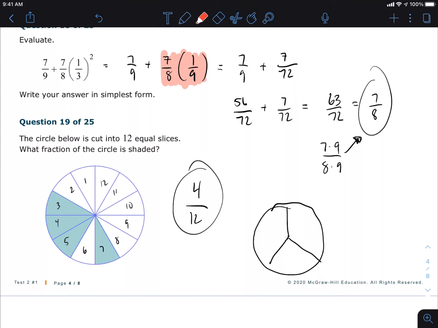And then it's the same area, but it doesn't represent the circle the same. So you would probably get this wrong. Okay, so when they ask you what fraction of the circle is shaded, they've got a fixed number of slices, so it should be 4/12. Okay? All right.